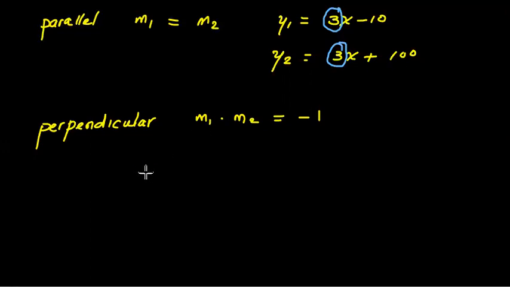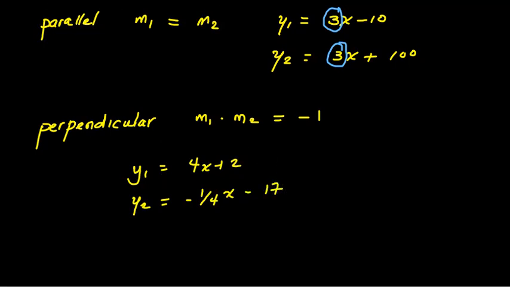So let's take a look at an example. If y1 is equal to 4x plus 2, and y2 is equal to minus 1/4 x minus 17.